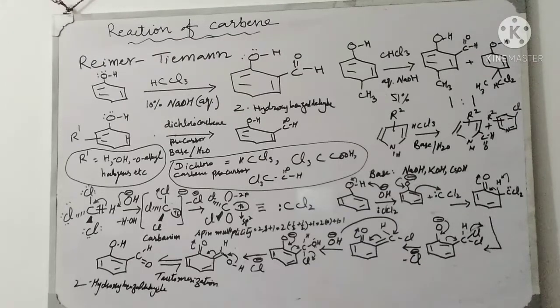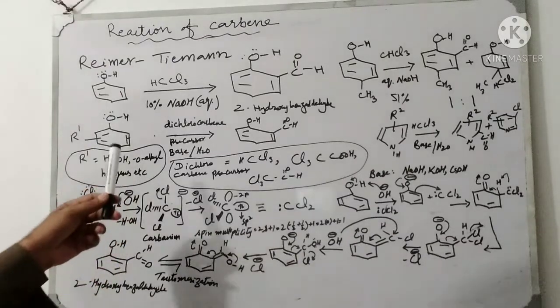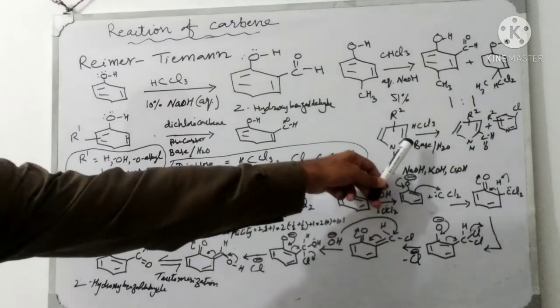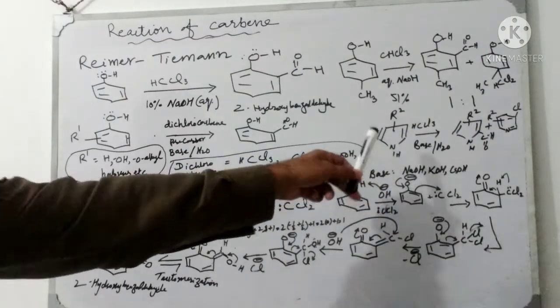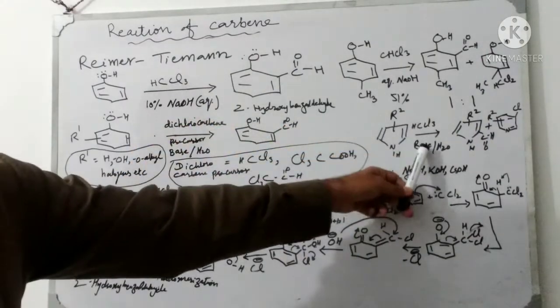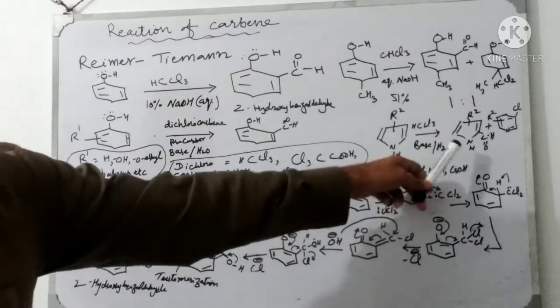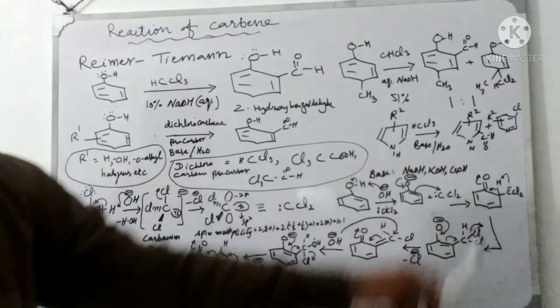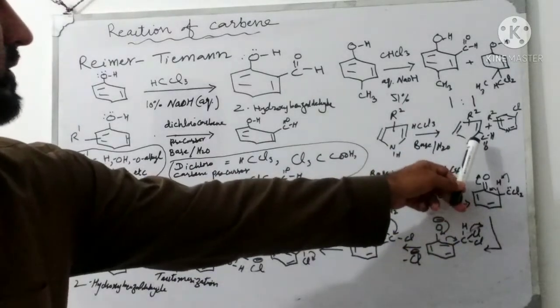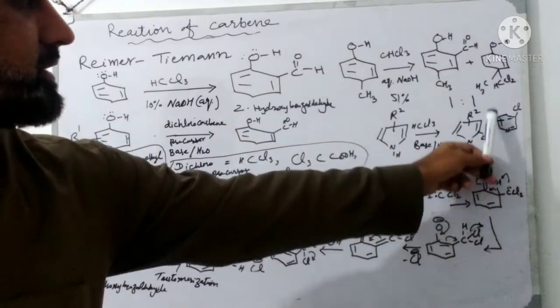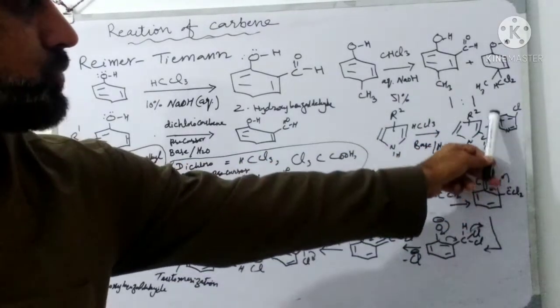So this reaction can be applied even to heterocycles which are electron rich. They are treated under similar conditions, chloroform and base in aqueous solution. It gives the substituted product through formylation, and sometimes a side product is formed.